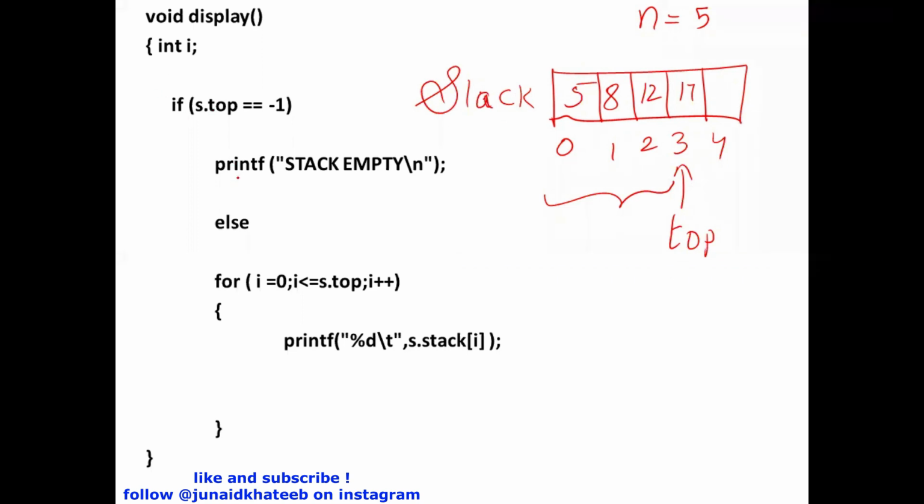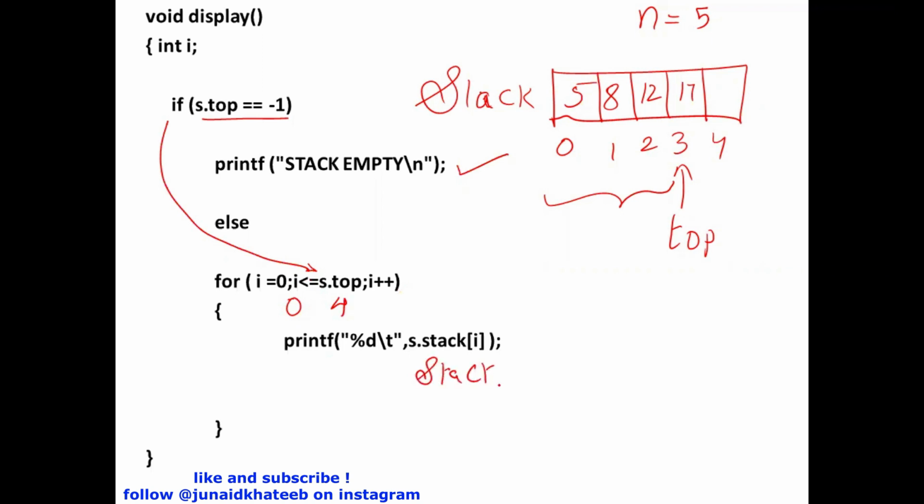So in this display function, I'll first check if top is -1. If top is -1, I'll say an error that the stack is empty. But if top is not -1, I'll come over here. For i equal to 0 till i is less than or equal to s dot top. Now in our case, s dot top is 4, right? So starting with index 0, going till 4, what will this do? Print stack of i.